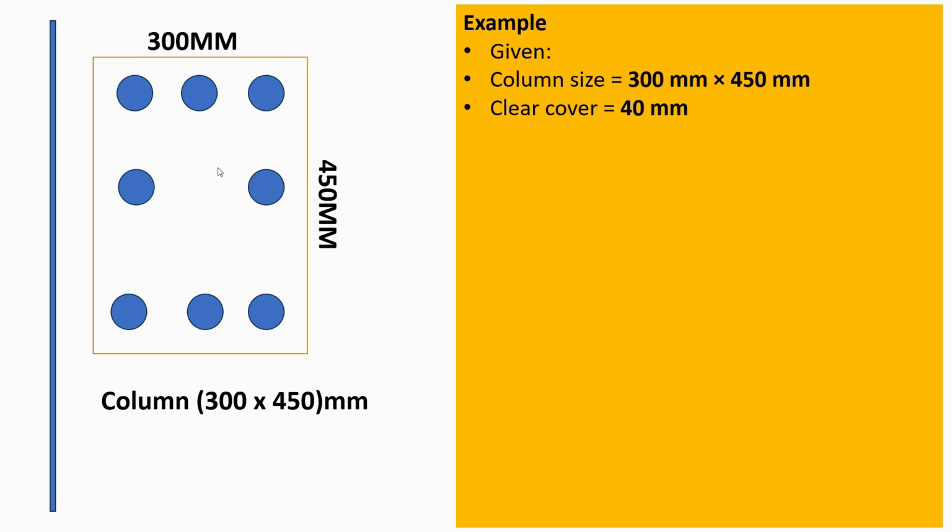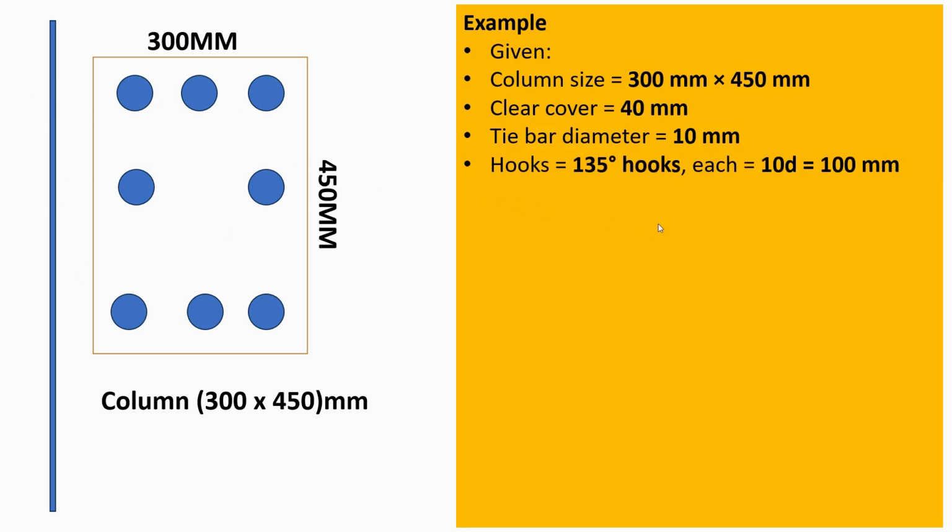So the length of this stirrup considers clear cover. What would be the length of this reinforcement bar? We're going to put that into consideration. After designing your reinforcement bars, you decided that you're going to use 10 millimeters diameter for these stirrups. We know that the standard hook length has a 135 degree angle.